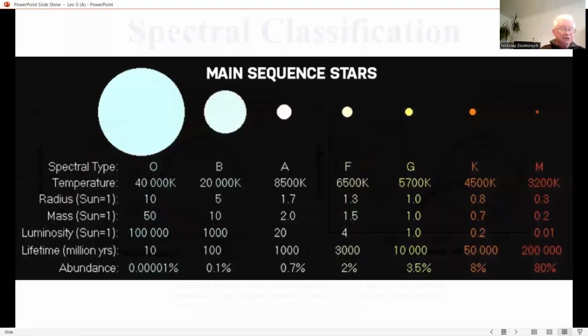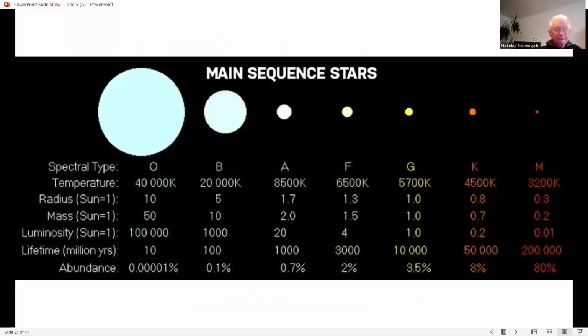The first widely used classification system was devised by astronomers at Harvard during the 1890s and 1900s. One of the astronomers, Annie J. Cannon, personally inspected and classified the spectra of over 250,000 stars.